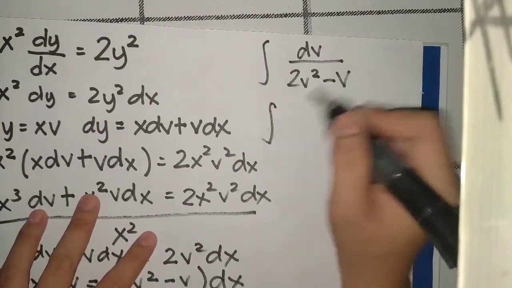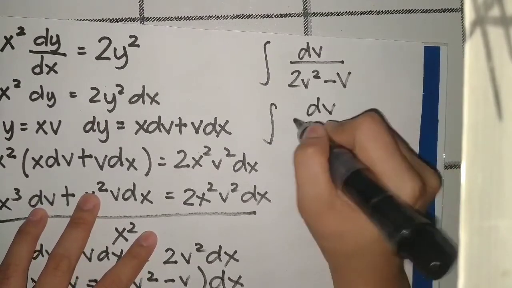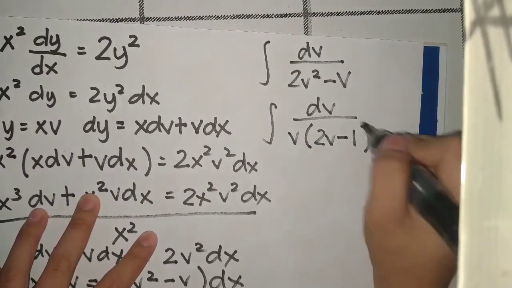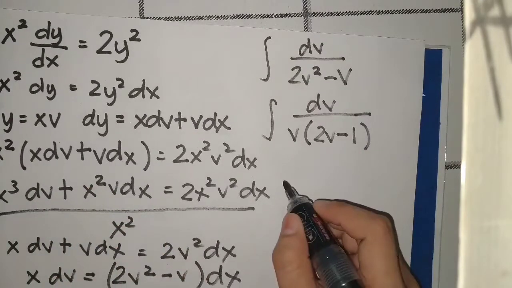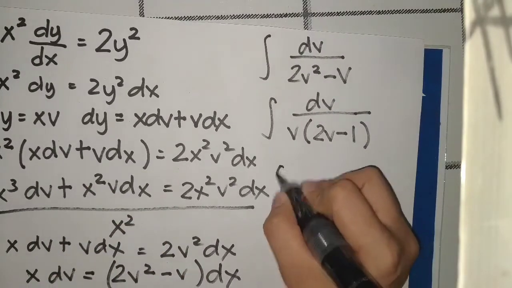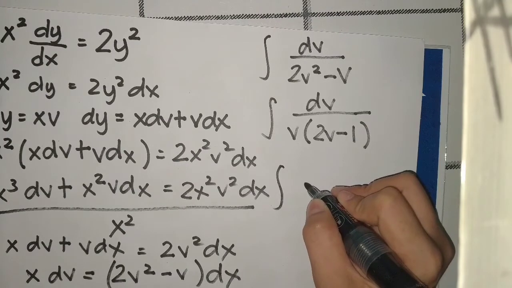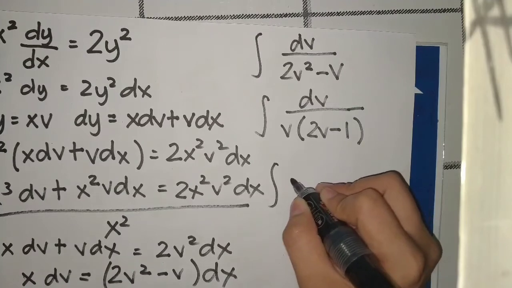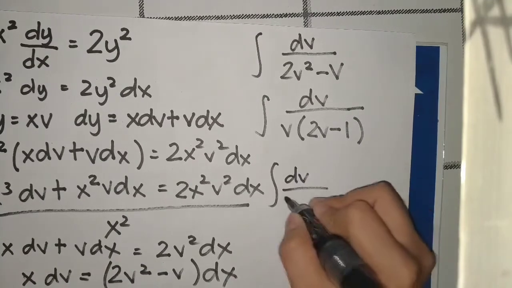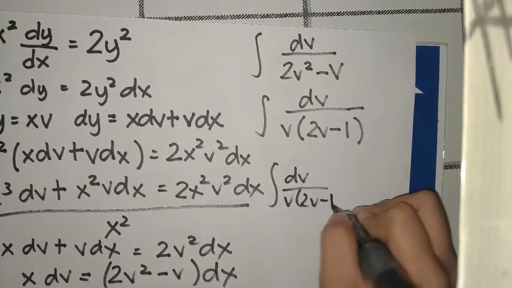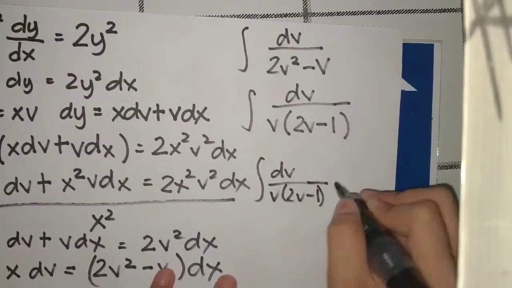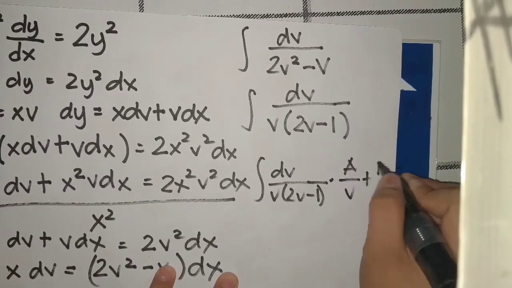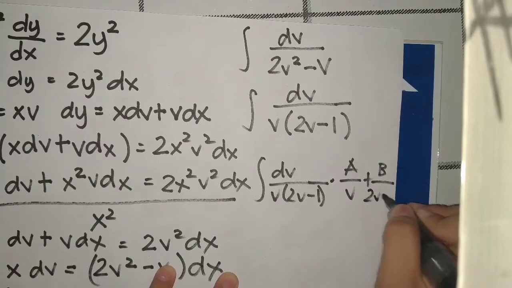So let's try. We can factor out the v, and we will obtain 2v minus 1. So after that, we can proceed to the integration by partial fractions. So we will find the value of A and B. So I'm rewriting it as A all over v plus B all over 2v minus 1.